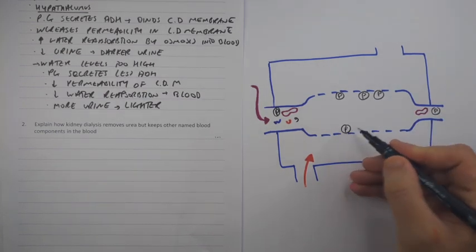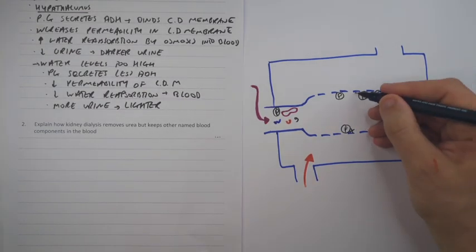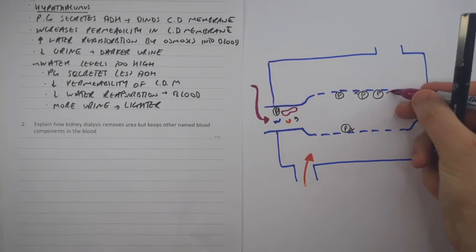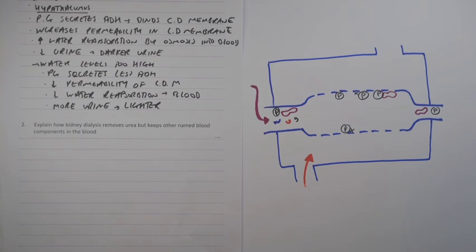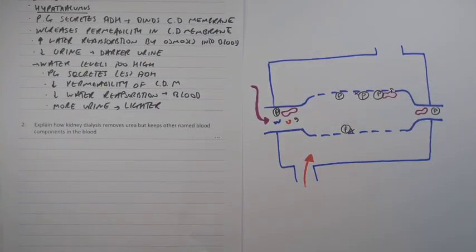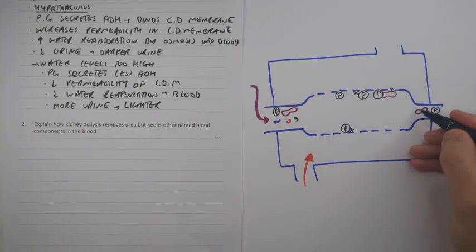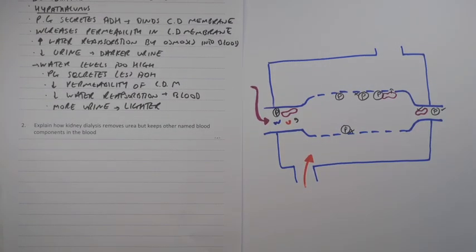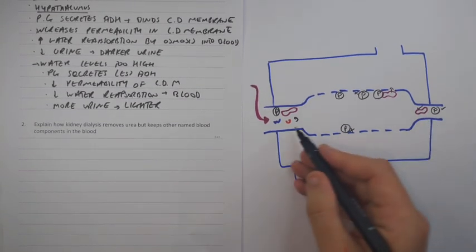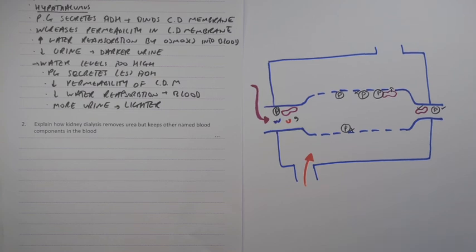The proteins cannot diffuse out of here, and nor can the red blood cells. So the proteins and the red blood cells are too large to diffuse out, so they remain in the patient's blood.